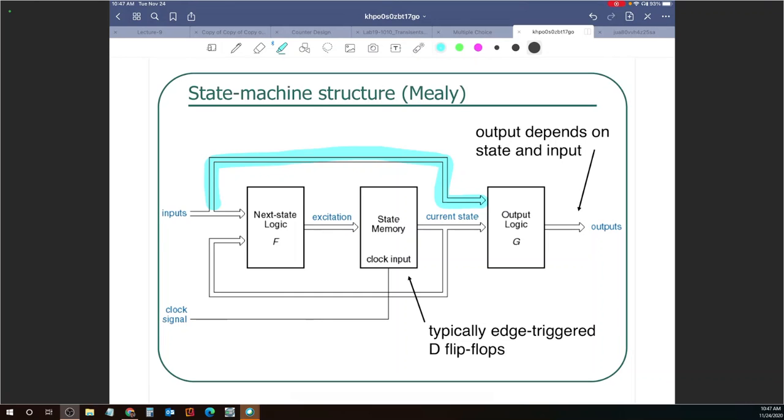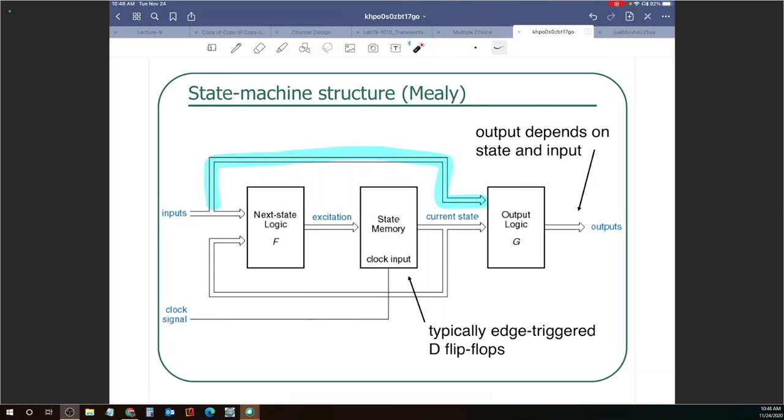For a Moore machine, that wasn't there because there was no dependence of outputs directly on the inputs. However, for a Mealy machine, we said the outputs can change when the current state changes or the input changes. So the only difference here is that link there. That's it. Everything else is the same.